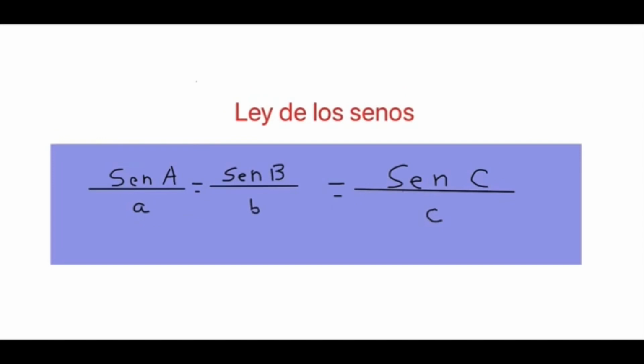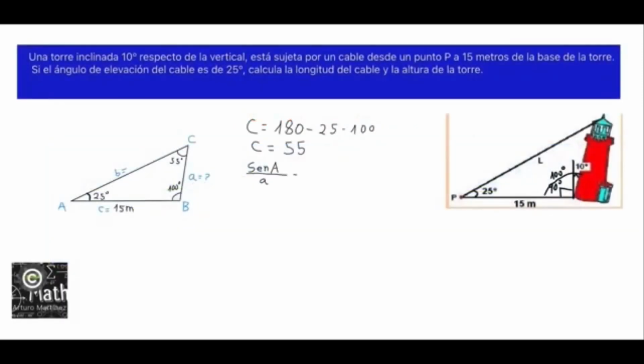In this case, we are going to take the sine of A divided by the length A is equal to the sine of C divided by the length C. Substituting the known values in the equation, it is as follows. Clearing the unknown A, we find the value that corresponds to the height of the tower.